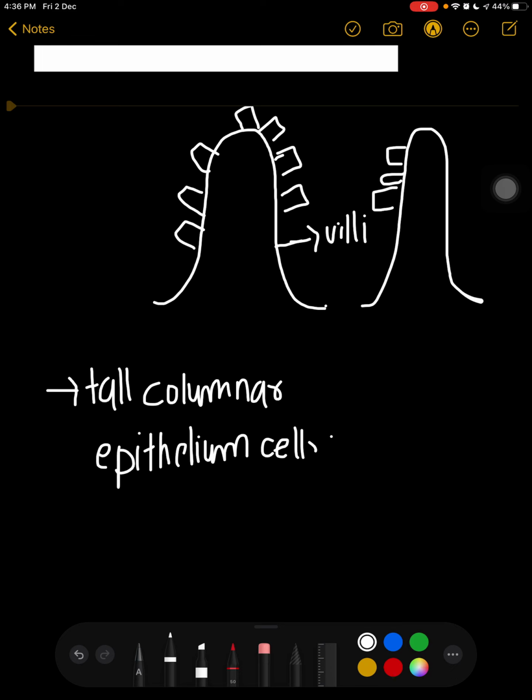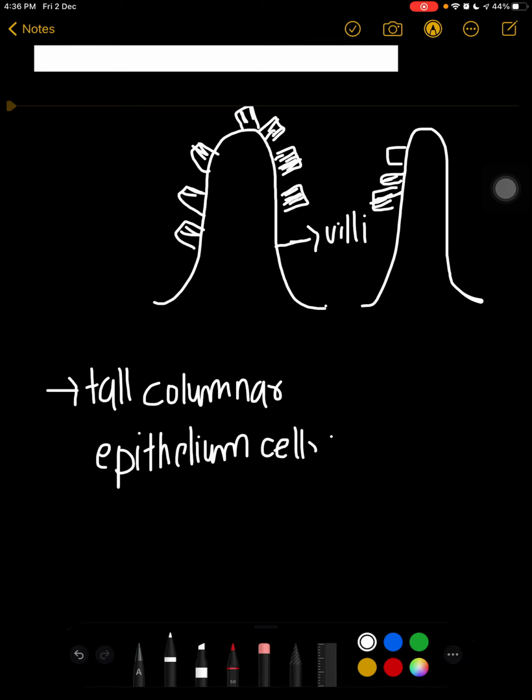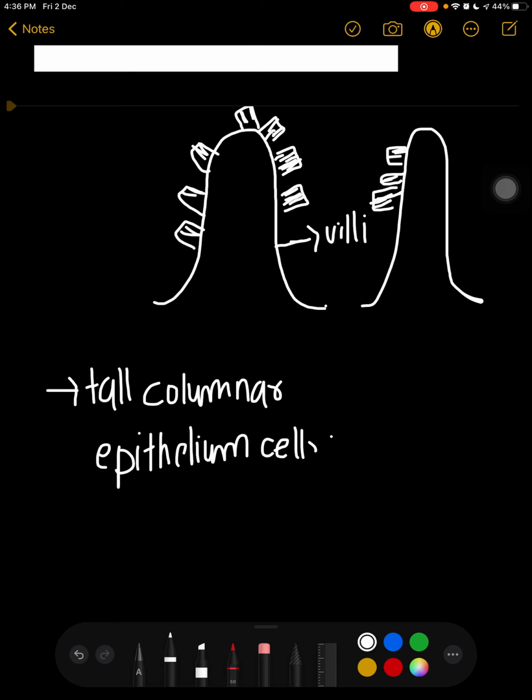But the cytoplasm of this tall columnar epithelium is folded, and they form some foldings which form microvilli.